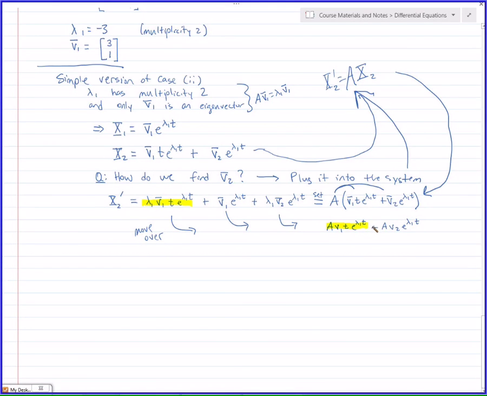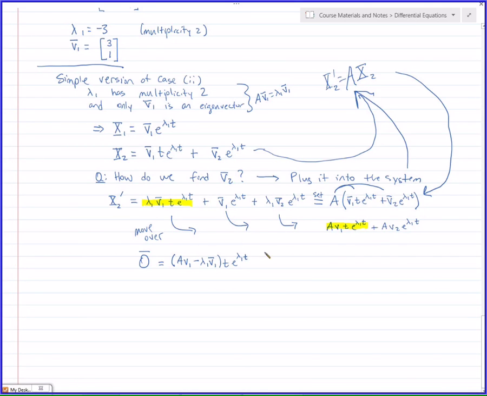They both have t e to the lambda 1t. So what I actually end up with on the right-hand side now, on the left I'm going to get 0 because it's all gone, it's all moved over. But on the right I get an a v1 minus lambda 1 v1 t e to the lambda 1t.